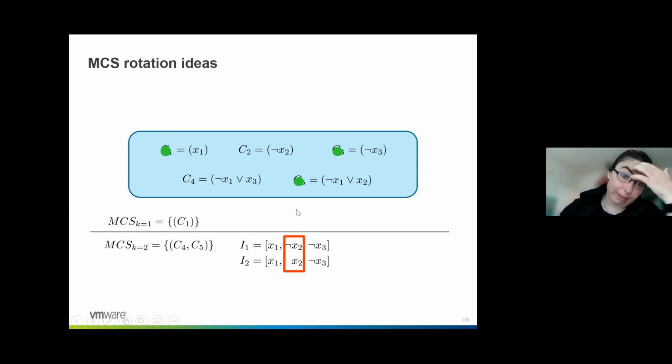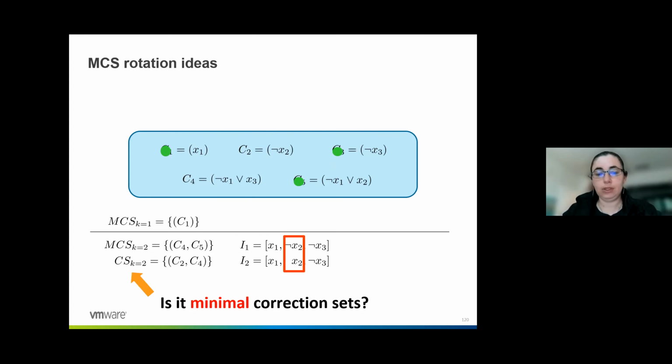We again manage to satisfy 3 clauses, and 2 are not satisfied. So we know it's a correction set, but we don't know whether it's minimal or not.